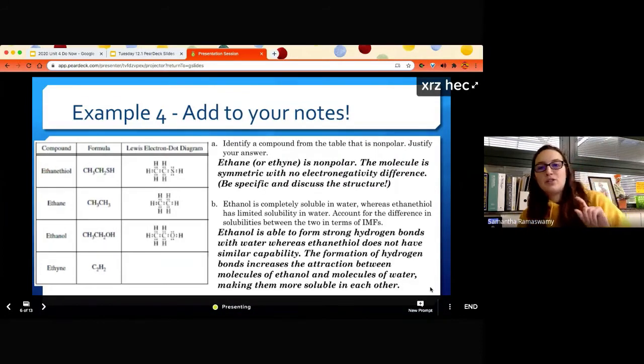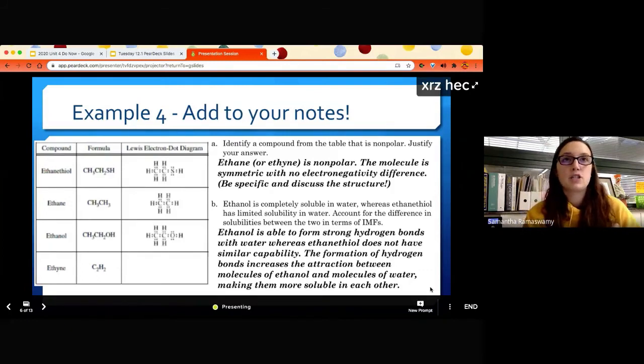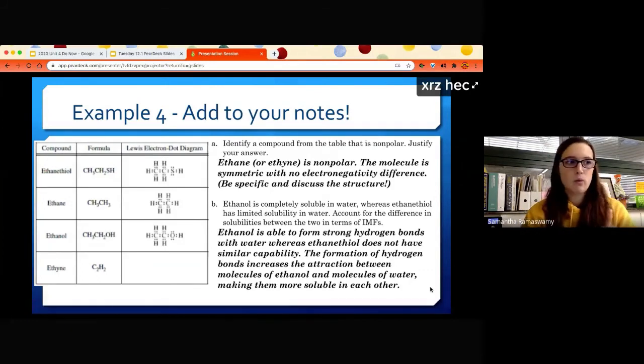Just to make sure that we're getting correct justifications, that's going to be the important thing with AP. I want to make sure that you get everything added to your notes. Example 4 was at the top of page 3 of the notes. For part A, you could have said ethane or ethyne. Those are nonpolar.